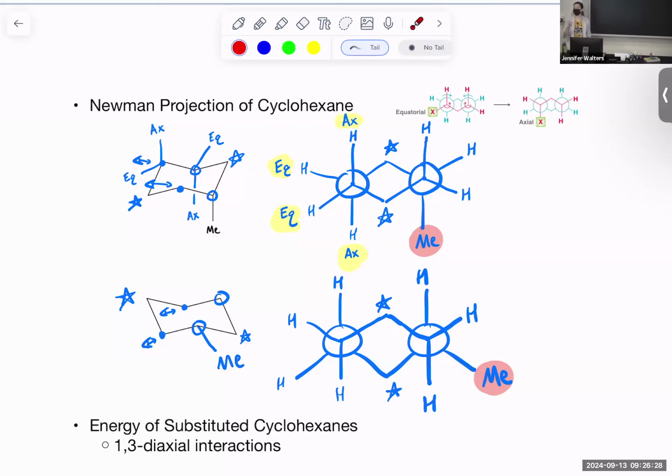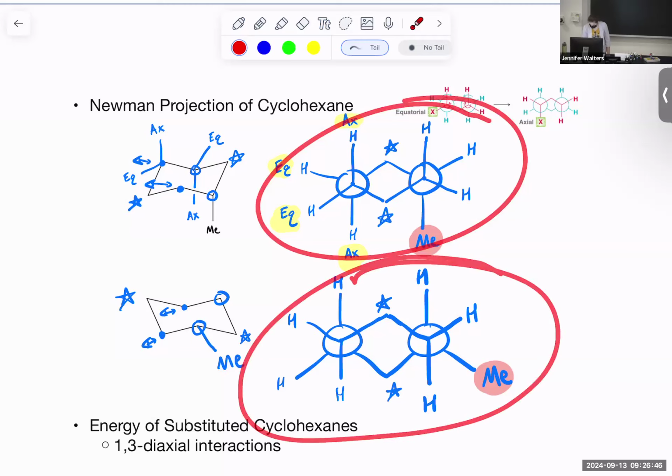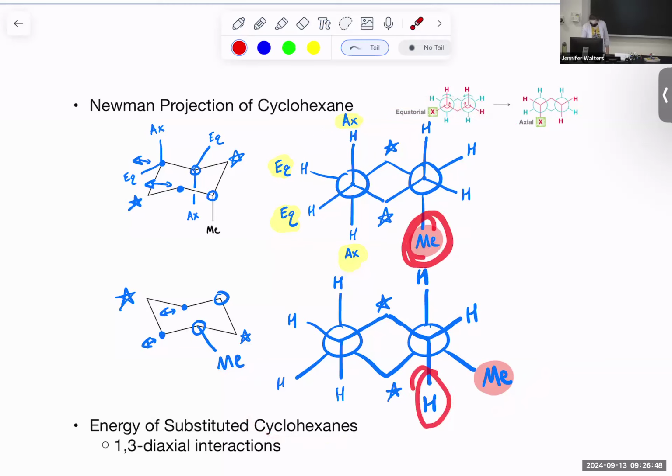So in the chair flip, you can do it just purely in the Newman projection by making sure that you're keeping the same carbons attached and then just going from axial to equatorial. A lot of students will make the mistake of, when they go between the chair flips, keeping that methyl here, but now it's attached to the front carbon.